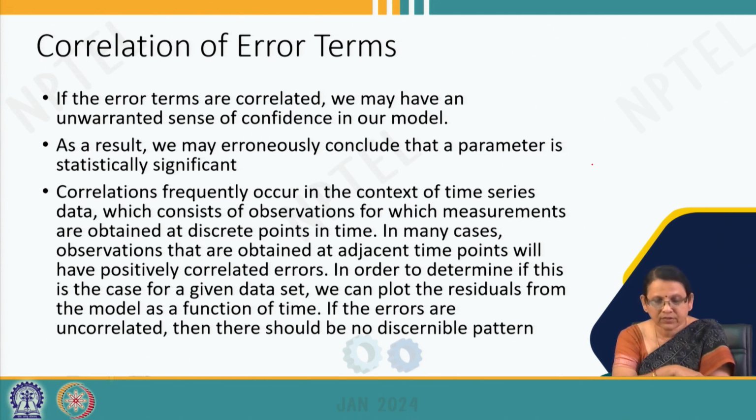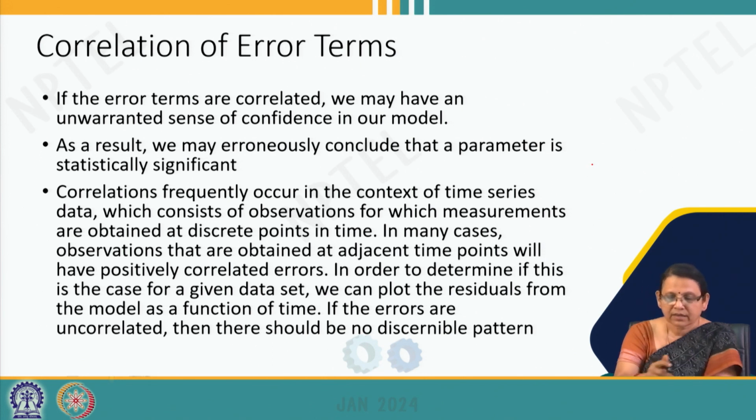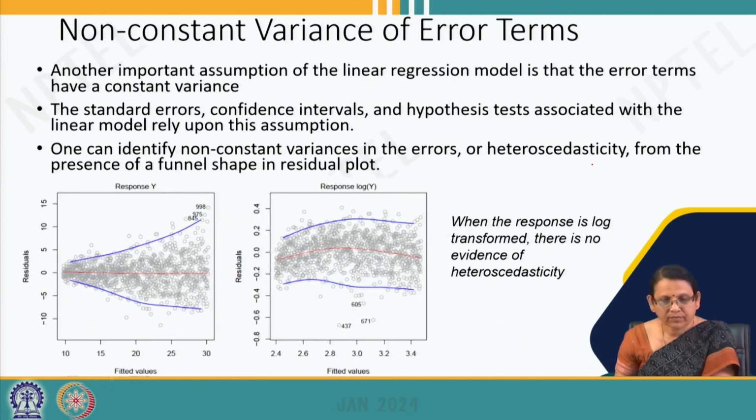So, these correlations frequently occur in the case of time series data, which consists of observations for which measurements are obtained at discrete points in time. In many cases, these observations over time are actually related. That is how you end up in such a pattern.